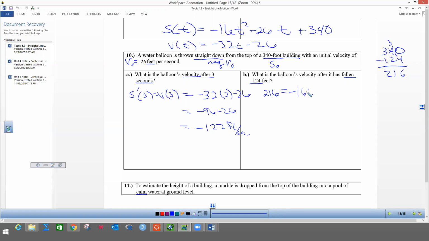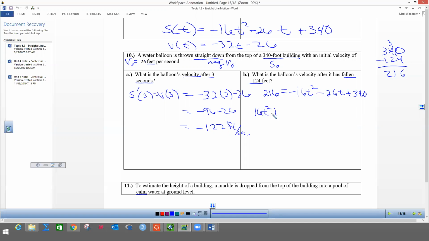And then I have to find the time at which t is going to equal this. So I want to get this equal to 0. I like having a starting quadratic of positive, so I'm adding 16t squared over to this side.